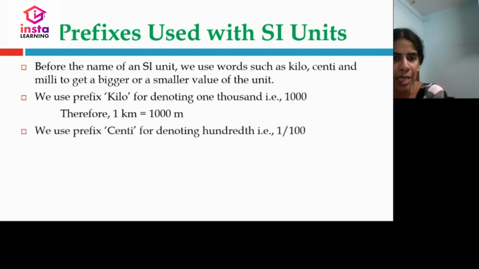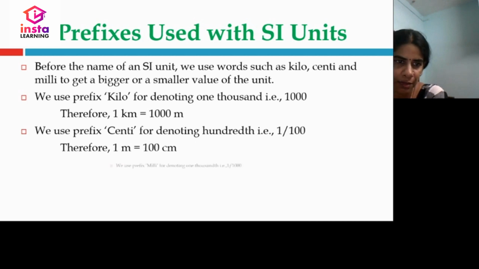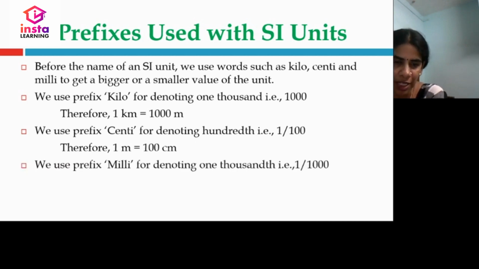We use the prefix centi for denoting hundredth. So, 1 meter is equal to 100 centimeters. We use the prefix milli for denoting thousandth. Therefore, 1 meter is equal to 1000 millimeters. So, kilo, centi and milli all denote the value of the unit.